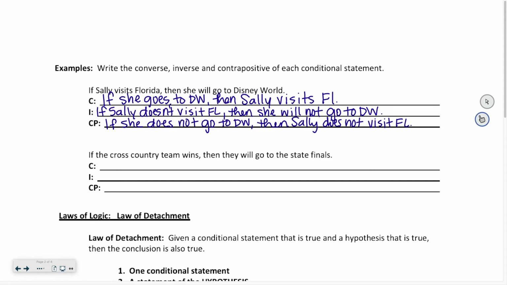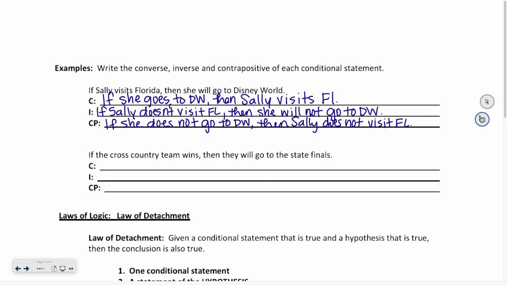If she does not go to Disney World, then she does not visit Florida. True or false? True. What about Destin? No, she can't visit. Yeah, we could go to Destin and visit Florida, right? So the conditional statement and the contrapositive always have the same truth value.